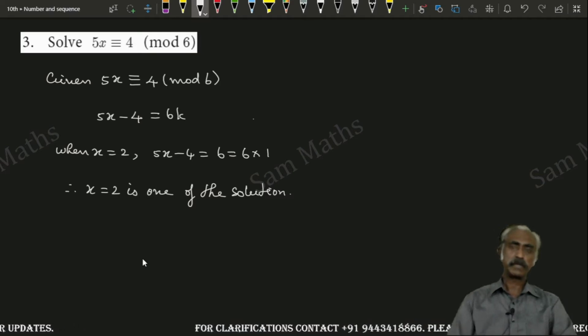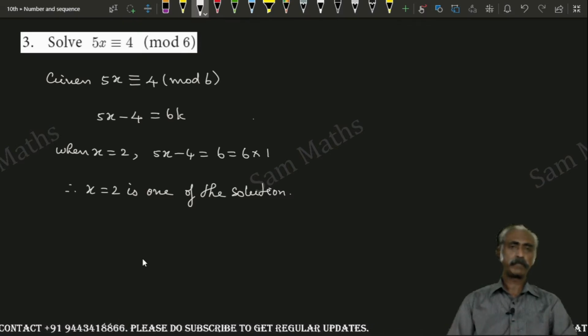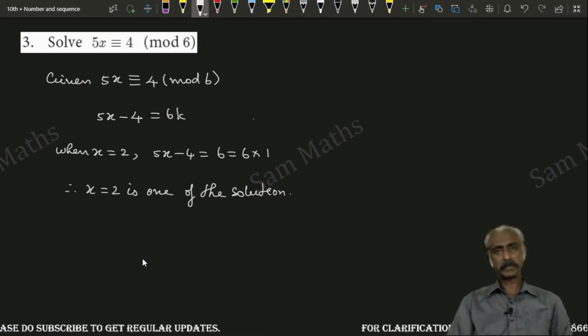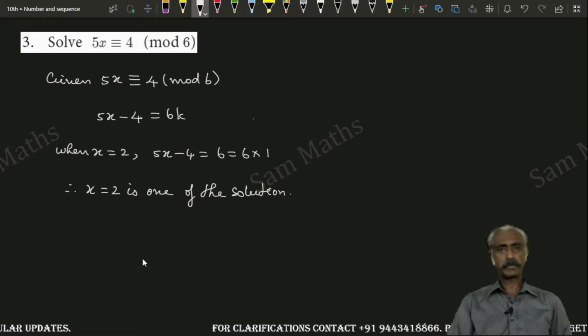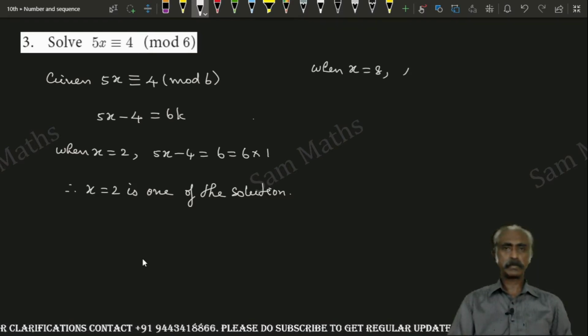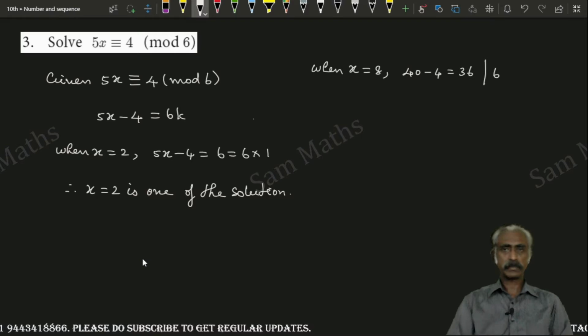Here I substituted 2, just you substitute 3 in your mind, you are getting 15 minus 4 is not divisible by 6. 4 you substitute, it's 16, it's not a multiple. 5 you substitute, we are getting 21. 6 you substitute, 26. 7 you substitute, 31. 8 you substitute, when x is equal to 8, we are getting 40 minus 4, that is equal to 36, is divisible by 6. Therefore another value of x is 8.